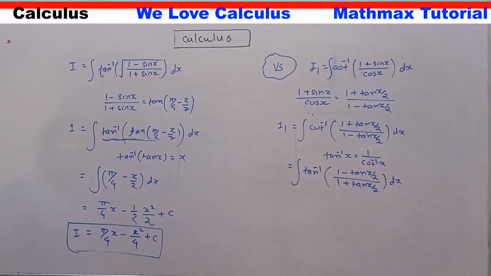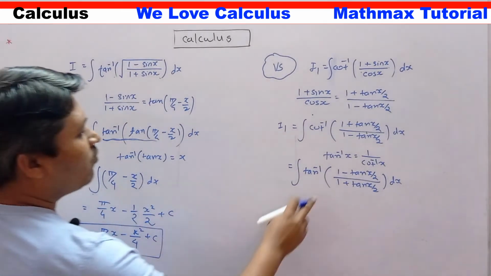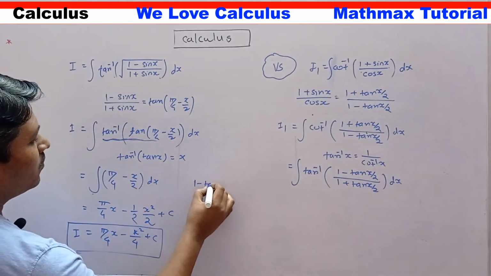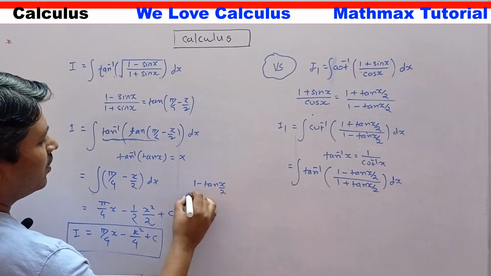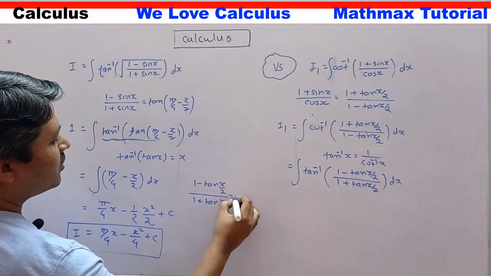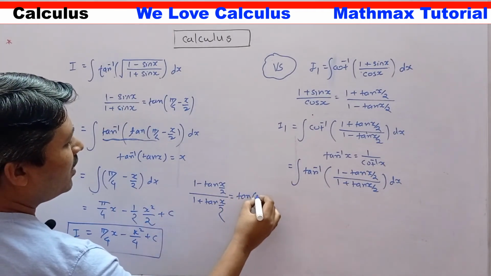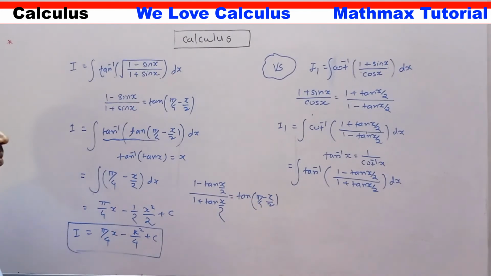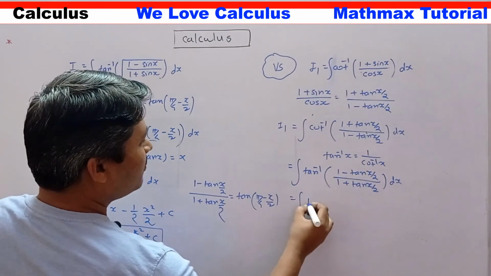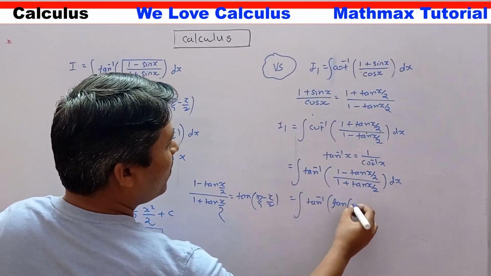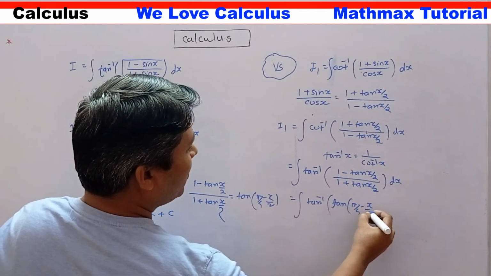Now here we can see the simplification form 1 minus tan x by 2 divided by 1 plus tan x by 2. We know that the simplification form can be written as tan of pi by 4 minus x by 2.